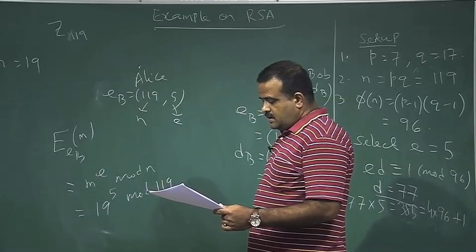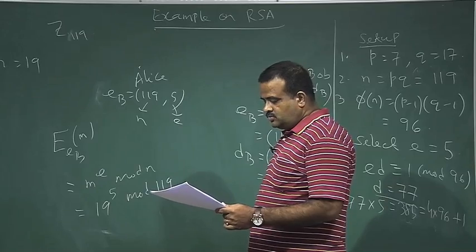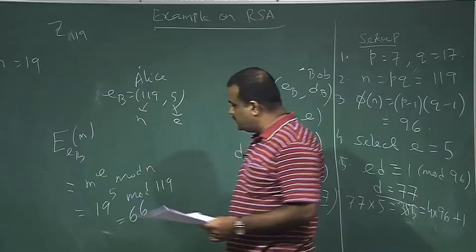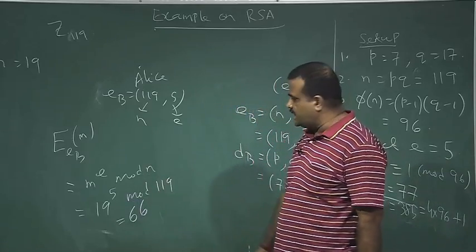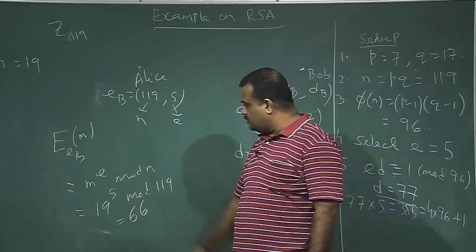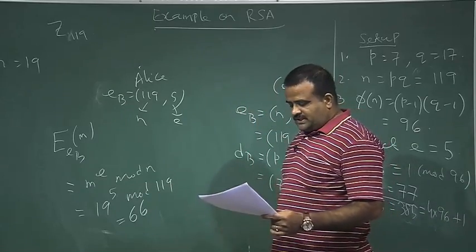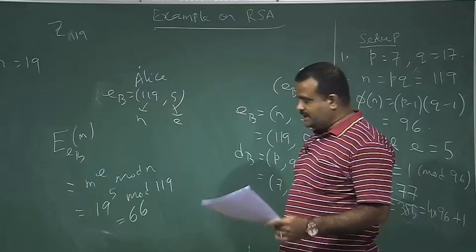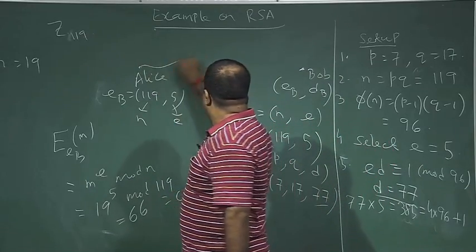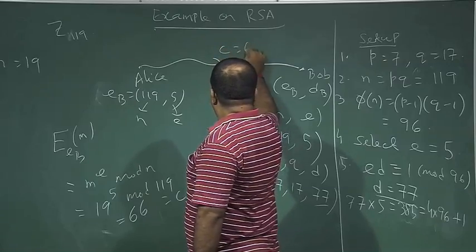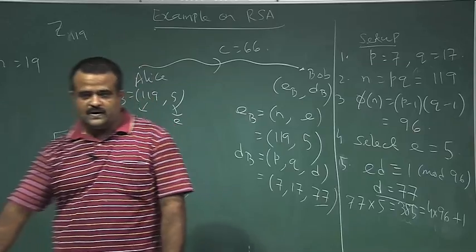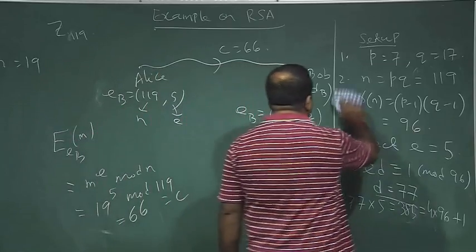This will give us 66. There is also another issue: how we can do the exponent for large numbers. We will come to that. So this 66 is the ciphertext, this is our C, and this is sent to Bob. Okay. Now how will Bob decrypt it?